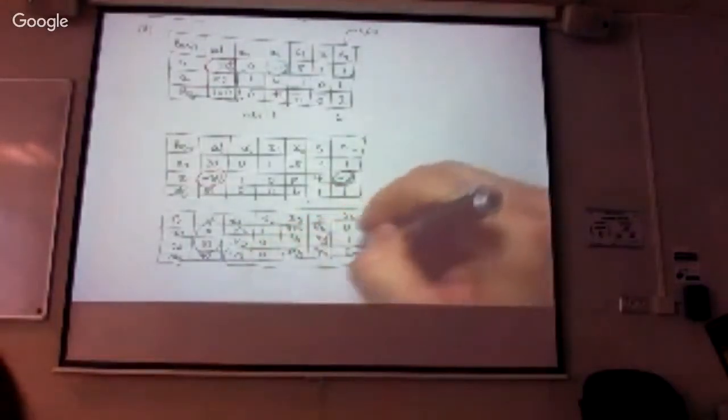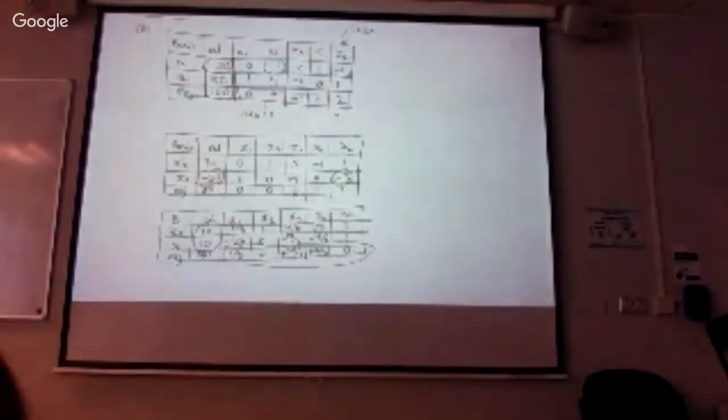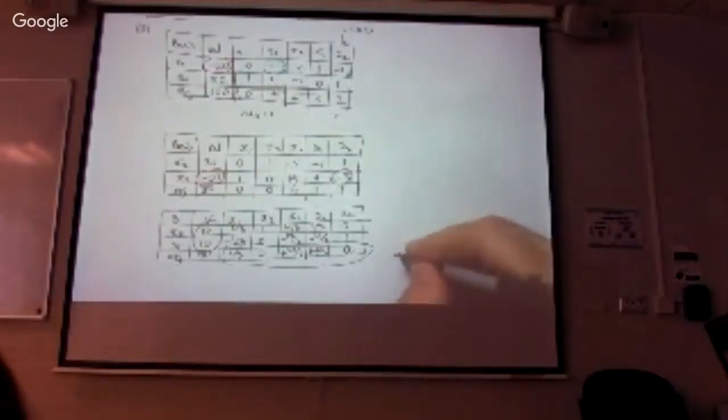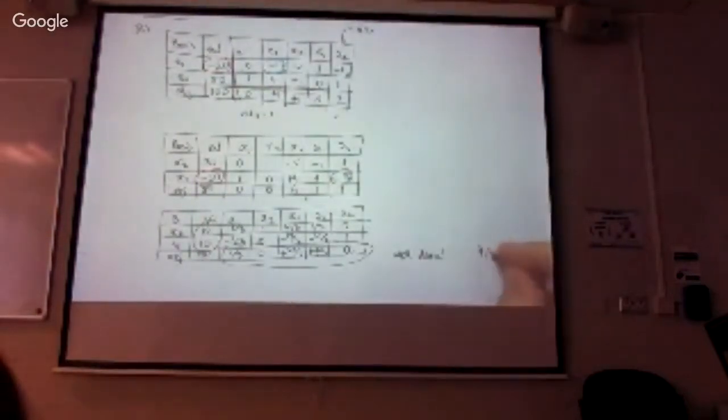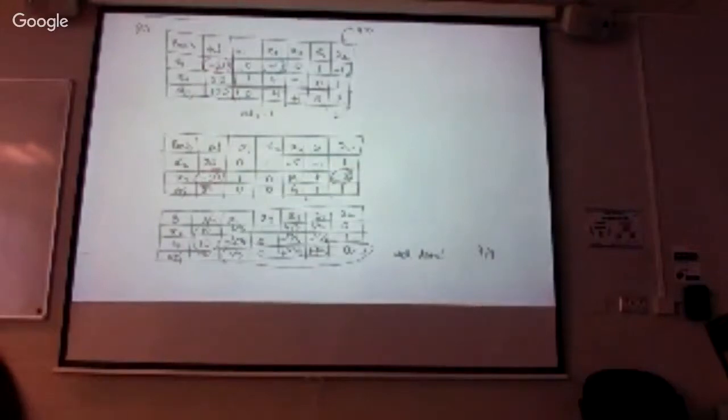Dual feasible, or optimal if you like, because there's nothing negative there. Done. Any questions? Really simple.